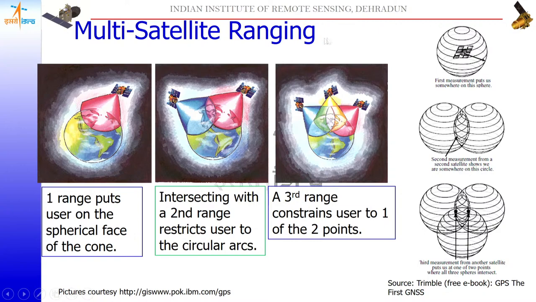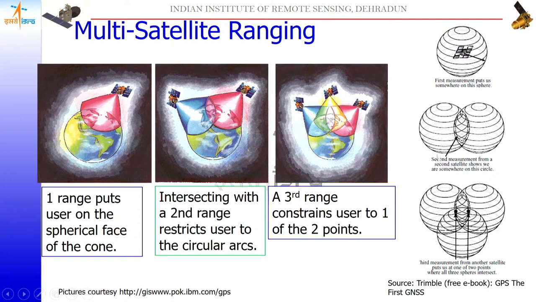When we talk about positioning, if we are receiving a signal from one satellite only, it will estimate the distance. Ultimately you want a location, but the location from one satellite will be anywhere on a sphere. So it is very uncertain where we are on this earth.